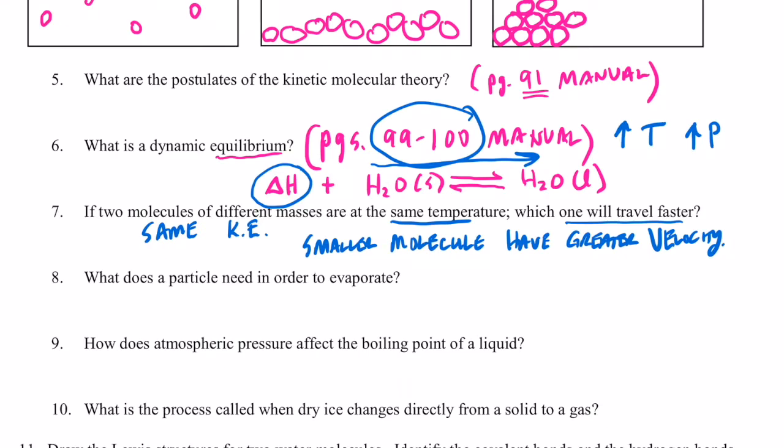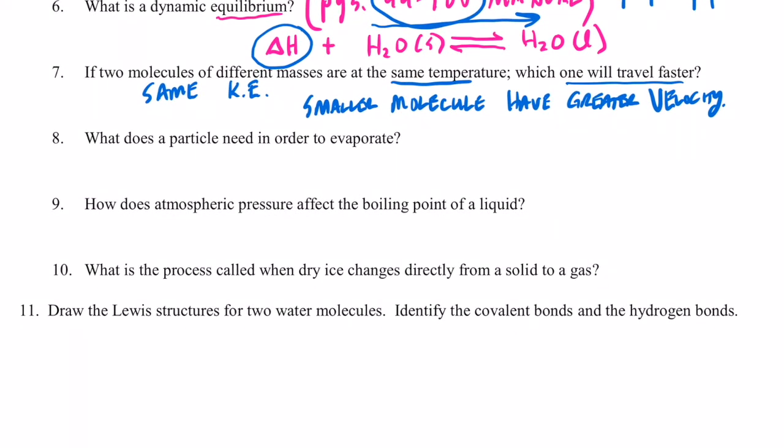All right, number 8, do you remember what a particle needs to have or be in order to evaporate? Yeah, there are two criteria. Number 1, it needs to be on the surface, doesn't it, of the liquid. And number 2, it needs to have enough energy, and I'll say kinetic energy, to escape the attractive forces of its neighbor, right?